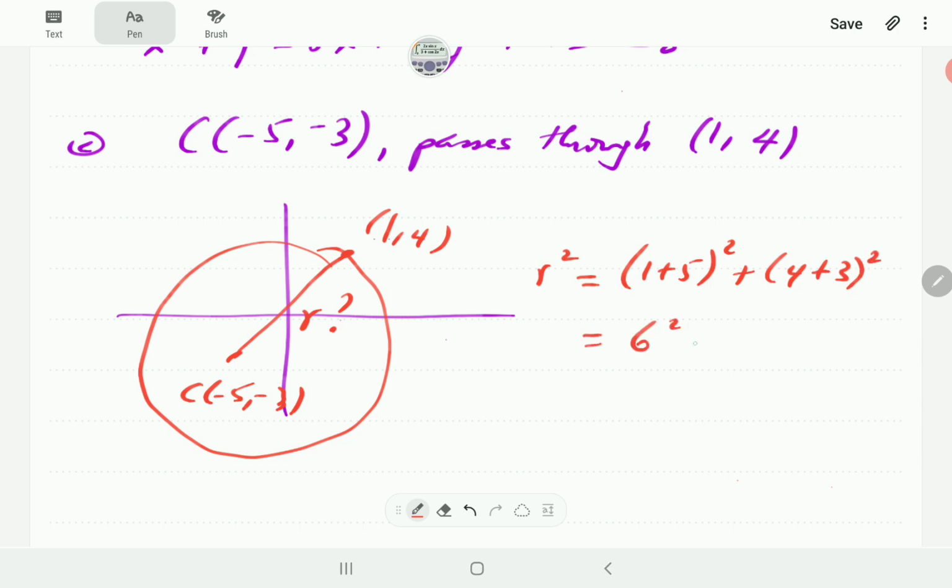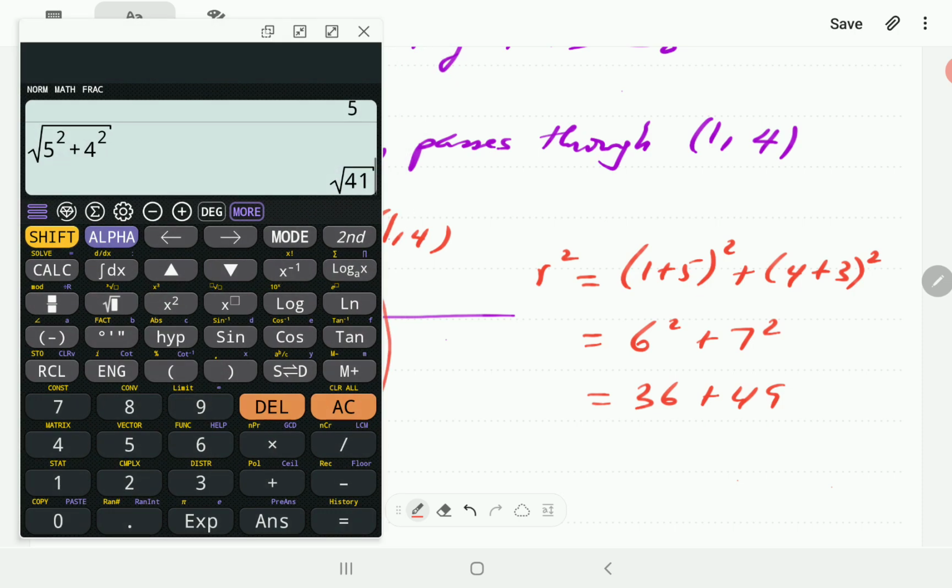This is going to be 6 squared plus 7 squared, 36 plus 49. Well, 36 plus 49 is 85.